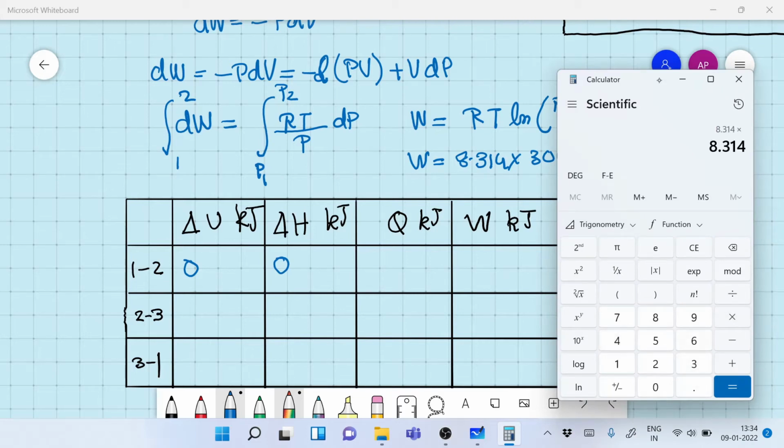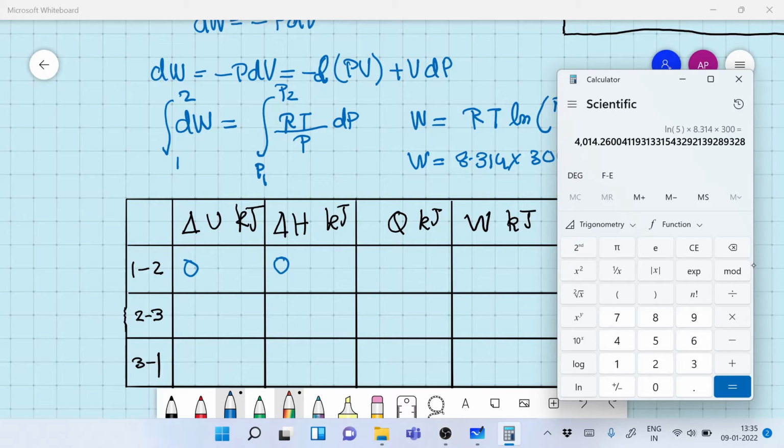So we get 8.314 into 300. This is equal to 2494.2. So we have ln of 5. So we take 5 and then we take the ln of it and multiply it by 8.314 and multiply it by 300.